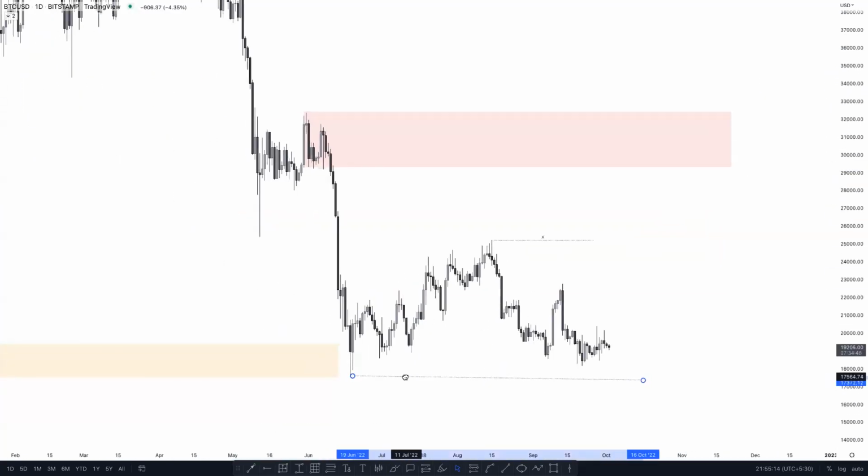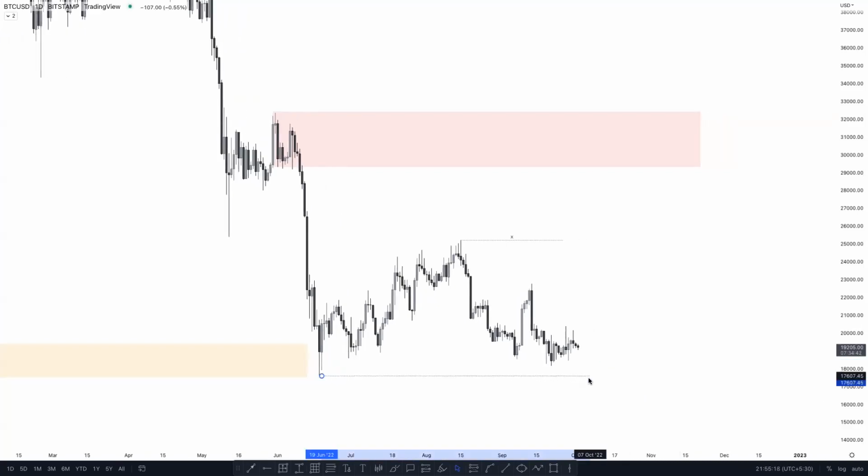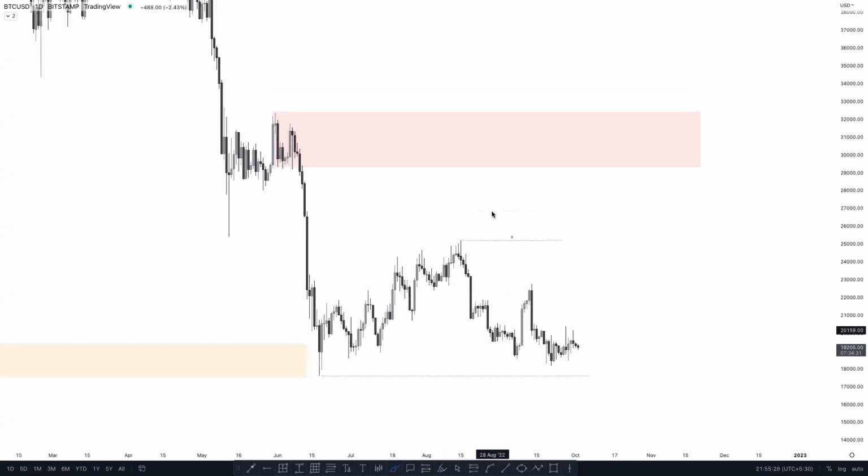So this is our low, which must be broken. Then we can see like this move, break this low, and this is a weekly inducement here, right? So what is the possible scenario here?